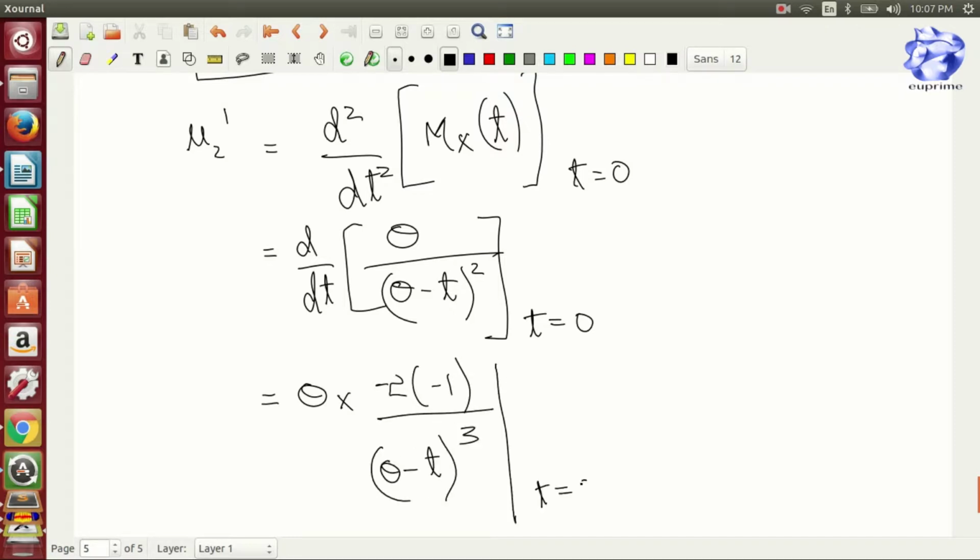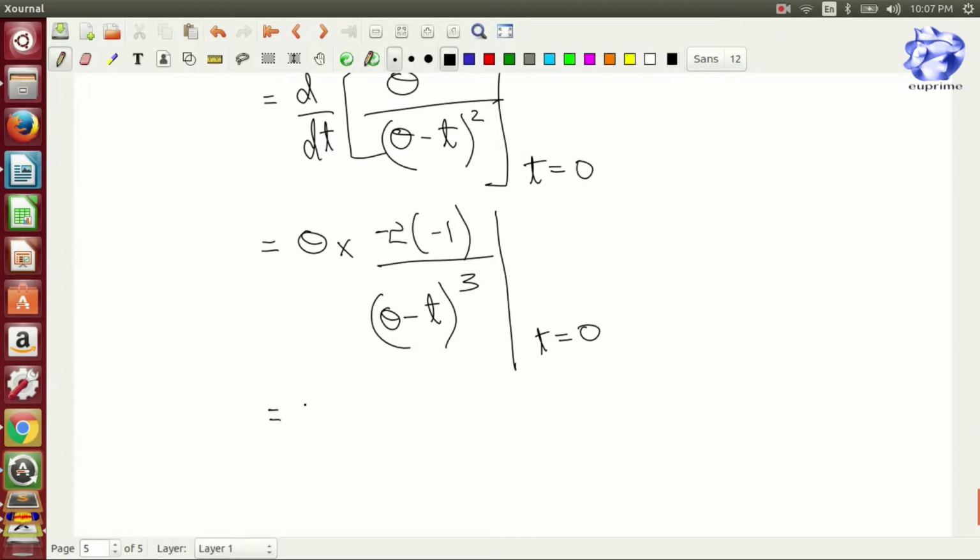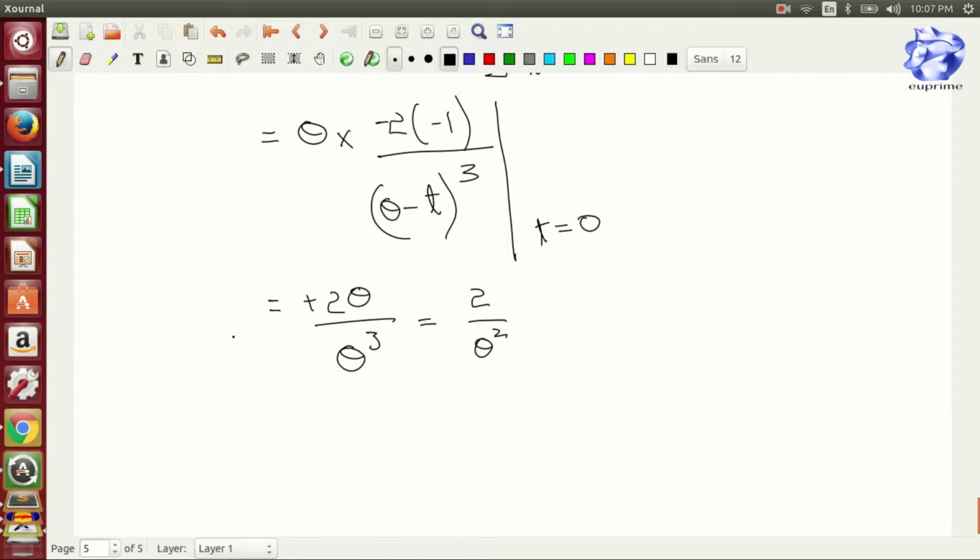Mu2 is mu2 prime minus mu1 prime whole square. So this is similar to the expectation of x square minus the mean square. So the expectation of x square is given by mu2 prime, which we had calculated.